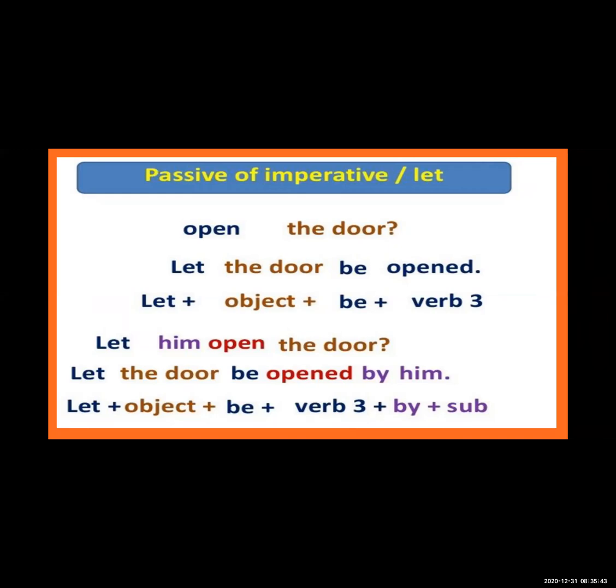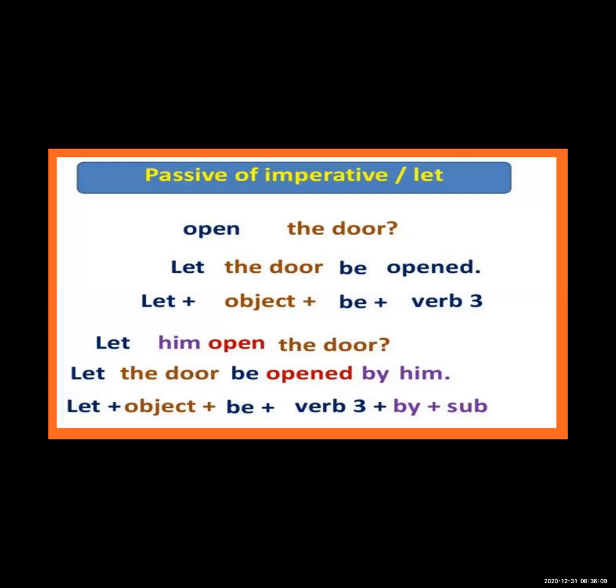Let the door. Now as our formula, let plus object plus be plus verb 3 plus by plus subject. In the down part again one formula is there. This is slightly different from the first one, open the door, because him is there also. Now they have given the subject also, and let is also added.